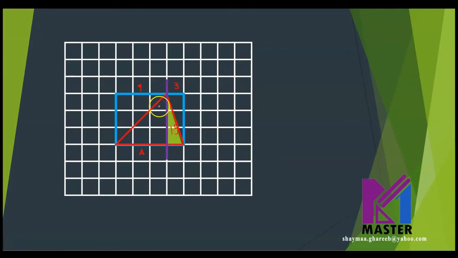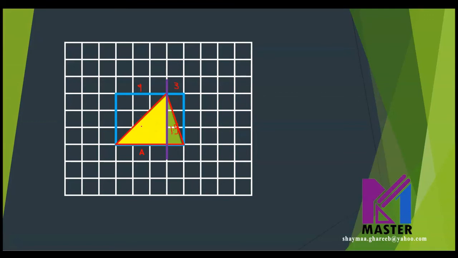Now I will look at the other part of the triangle, which is exactly half the area of this square. Can you see it? So if the area of the square is 9, then the area of this part of the triangle will be half 9.